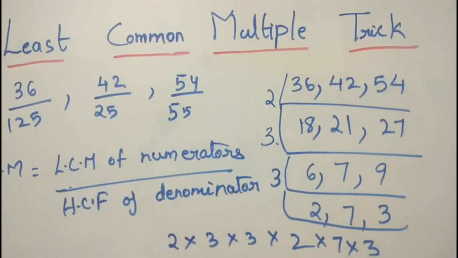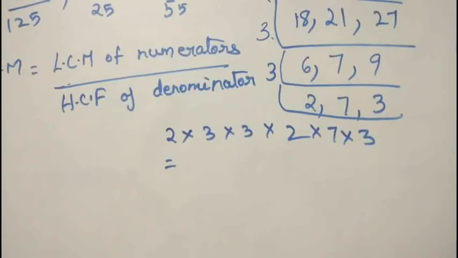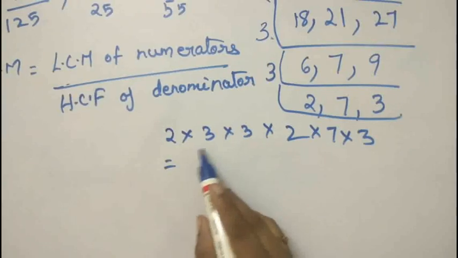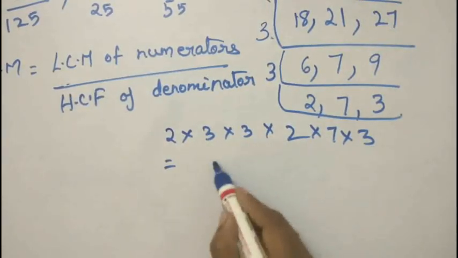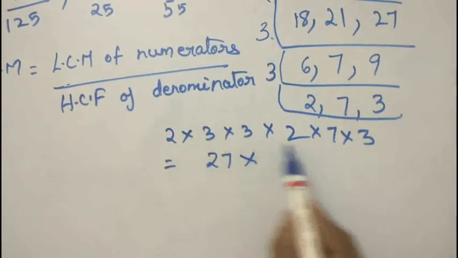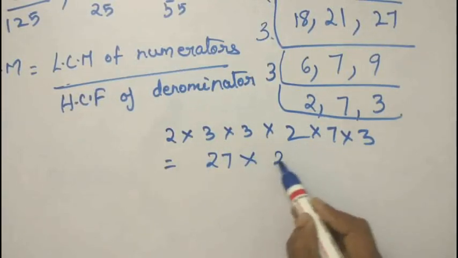This is equal to 3 into 3, 9, 9 into 3 is 27, into 2 into 2 is 4, 4 into 7 is 28.